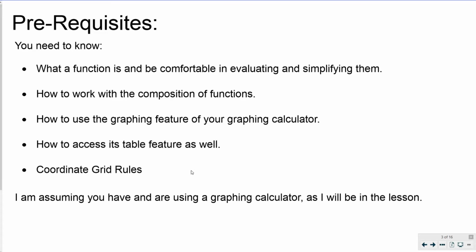I am also going to expect that you know how to access the table feature on your calculator and that you understand coordinate grid rules such as moving in the x direction and moving in the y direction.